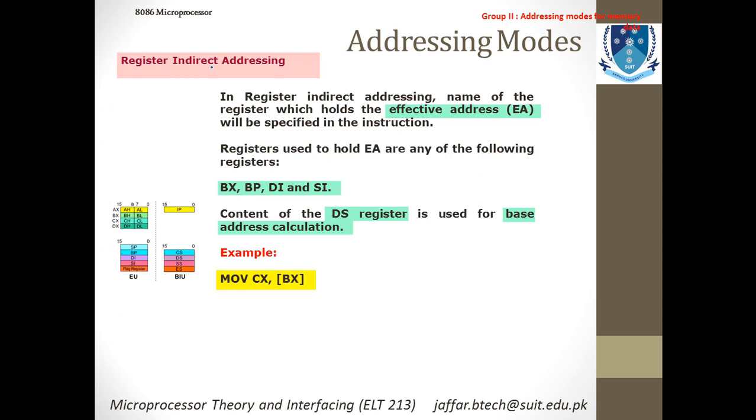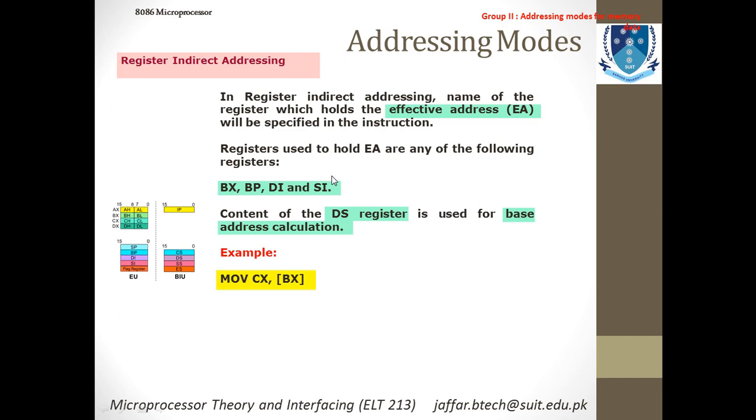Another mode is register indirect addressing, and in this kind of addressing you do the reverse process. Instead of providing the contents of the register, you actually provide the effective address. For this addressing, registers are used to hold the effective address, that is EA, in any of the following registers: BX, BP, DI, and SI.